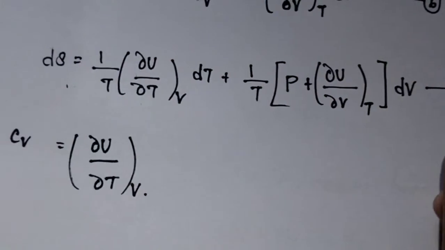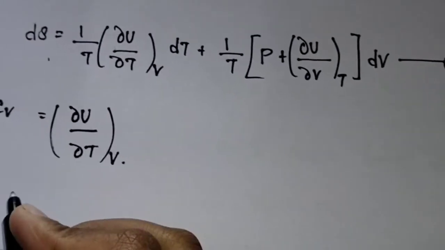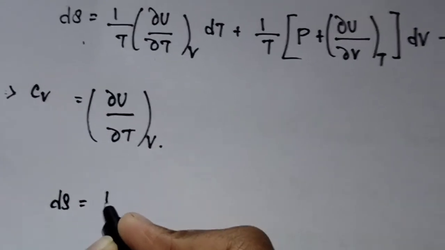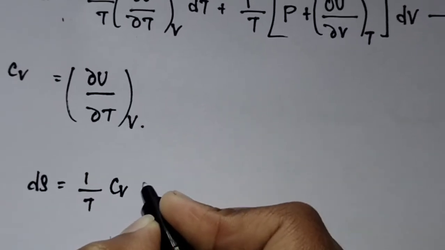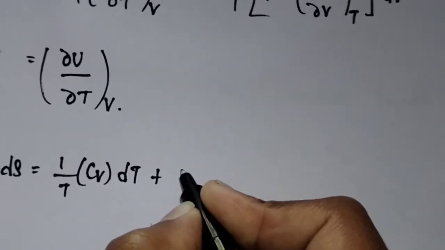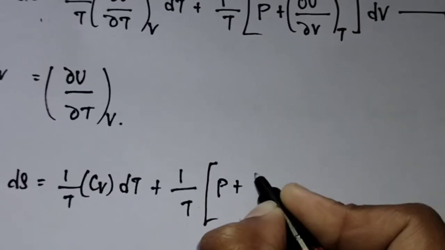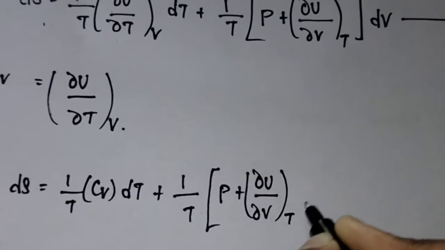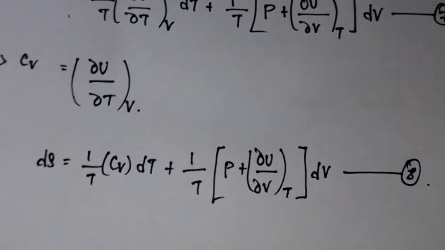Therefore, equation 7 will become, substituting the value of CV here, dS is equal to 1 by T into CV into dT plus 1 by T into P plus dou U by dou V at constant temperature into dV. Take this as equation number 8.